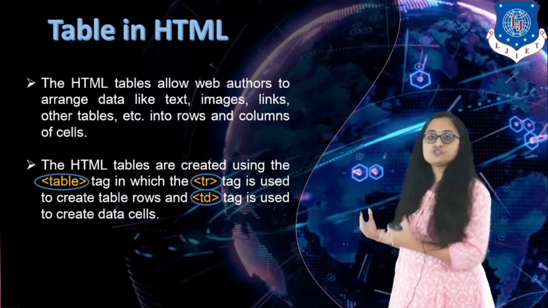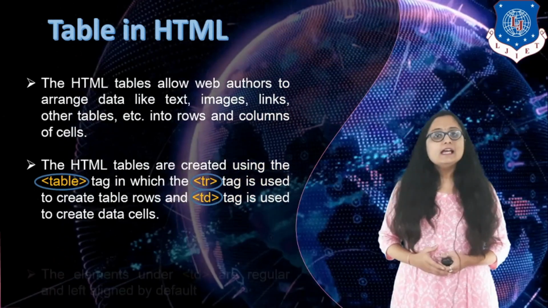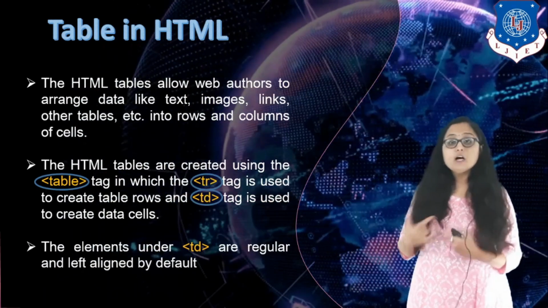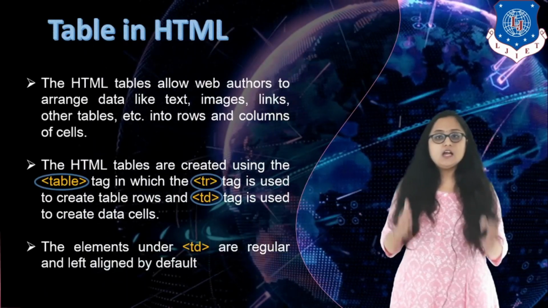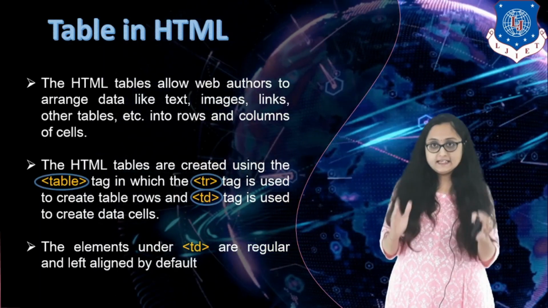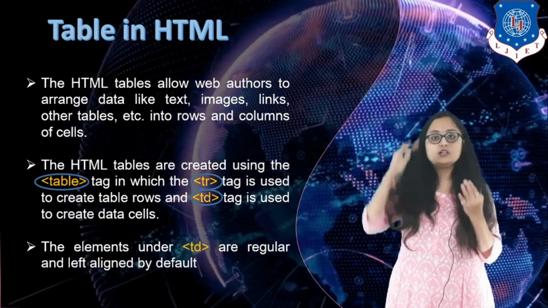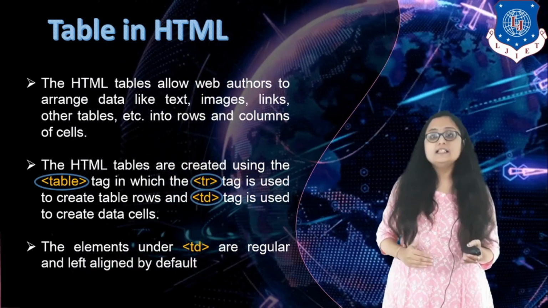Now this is a lot of information without any syntax, do not get confused. We are going to see an example, but you need to understand that if you are writing TD, that TD will basically have regular text which is left aligned. So now you get an idea that if you want to create a table, there should be a table tag. Inside table you have to write the TR tag.